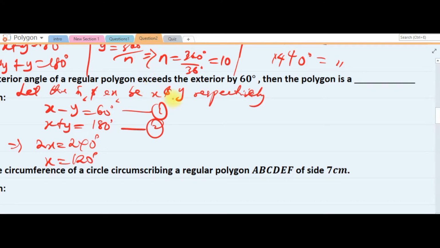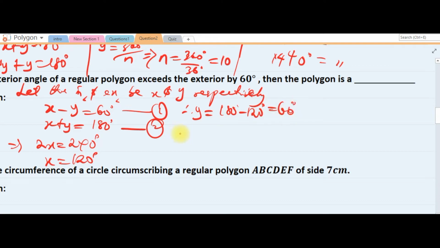So we've known x. X is the interior angle. Remember, it's a regular polygon. So y must be 180 minus 120, which is 60.